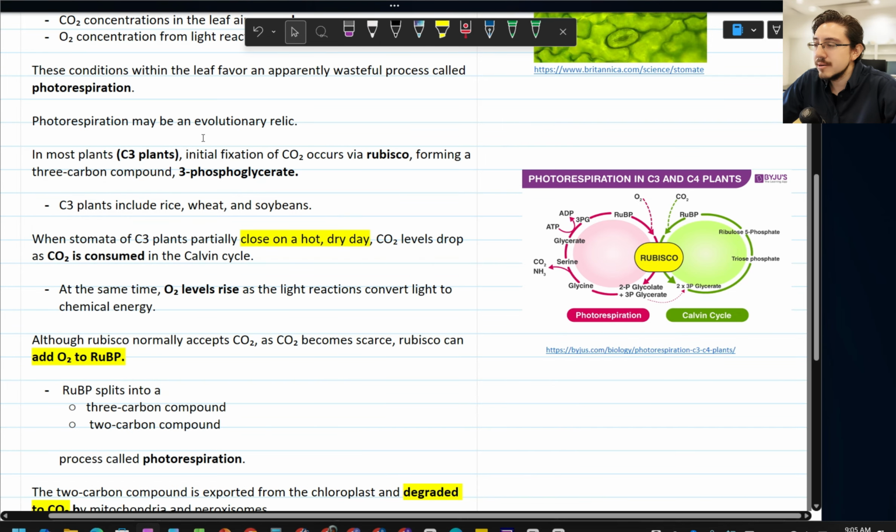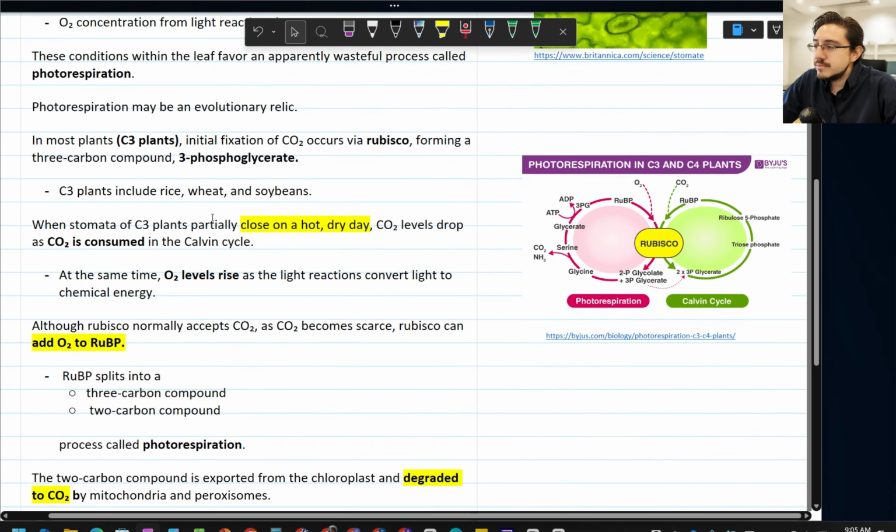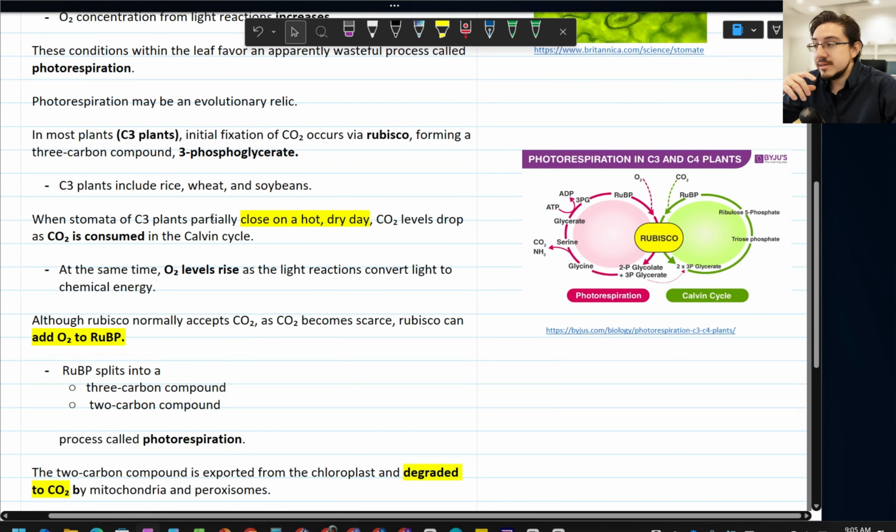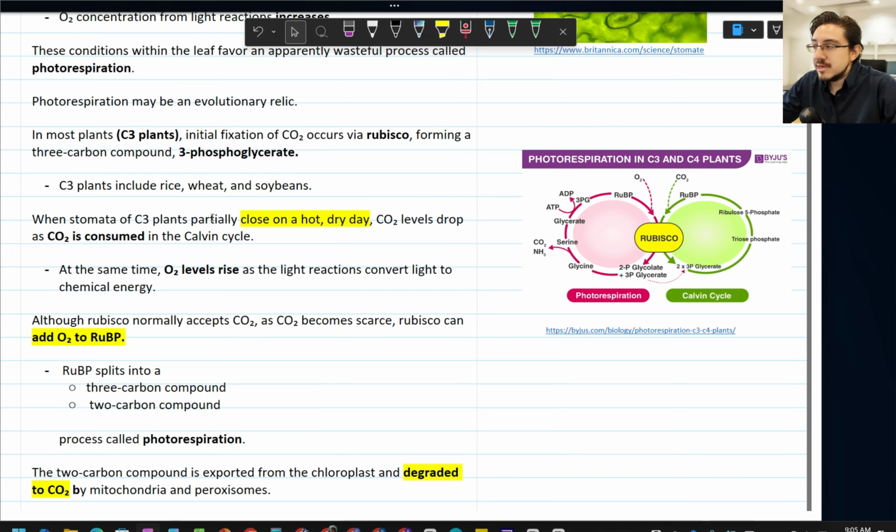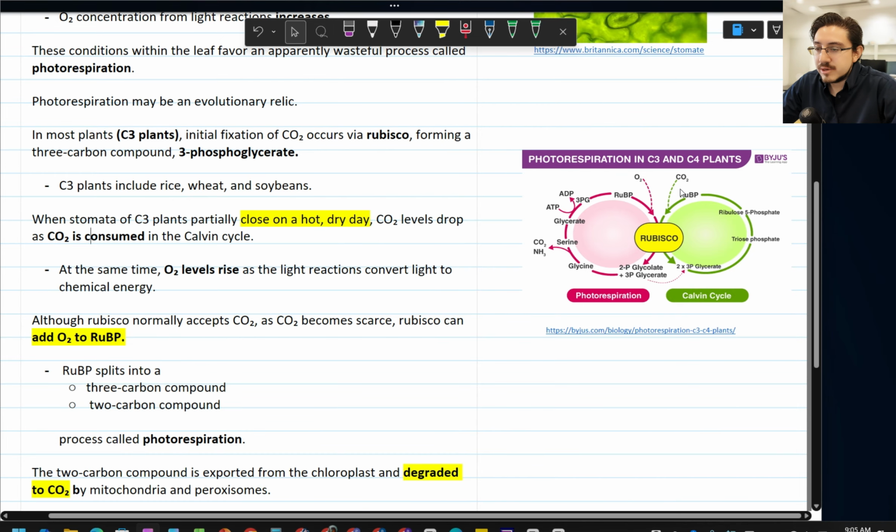In most plants, called C3 plants, the initial fixation of carbon dioxide is with RuBP using Rubisco, and that produces a 3-carbon compound called 3-phosphoglycerate, which then continues inside the Calvin cycle.